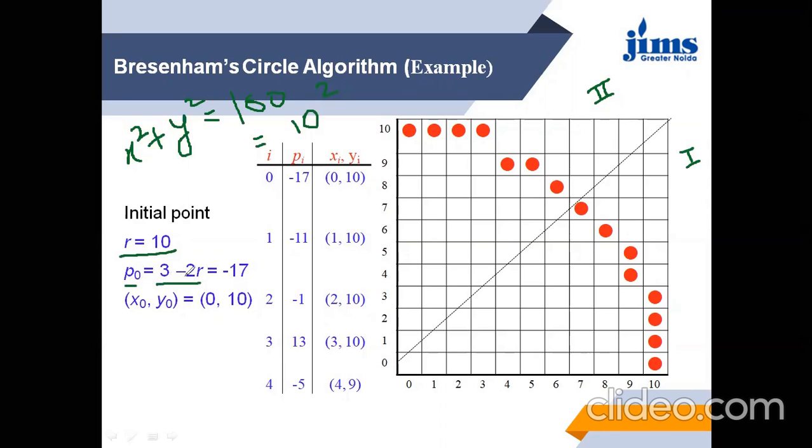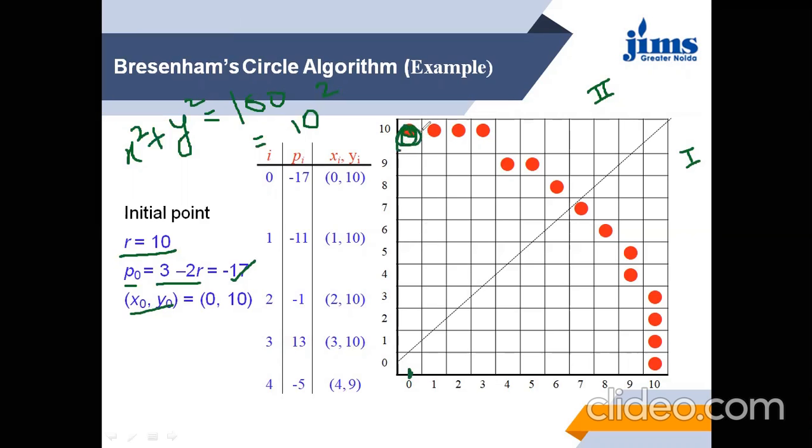So this is 3 minus 2r, that is 3 minus 2 into 10, 3 minus 20, which means minus 17. So the first point will be 0 and r. We draw the first point. No problem in that.